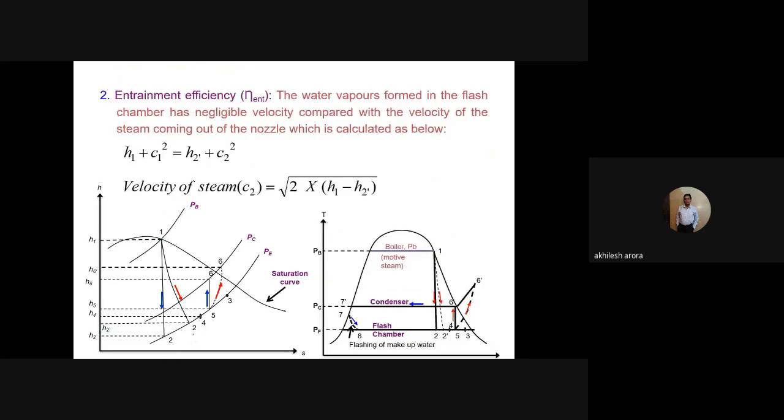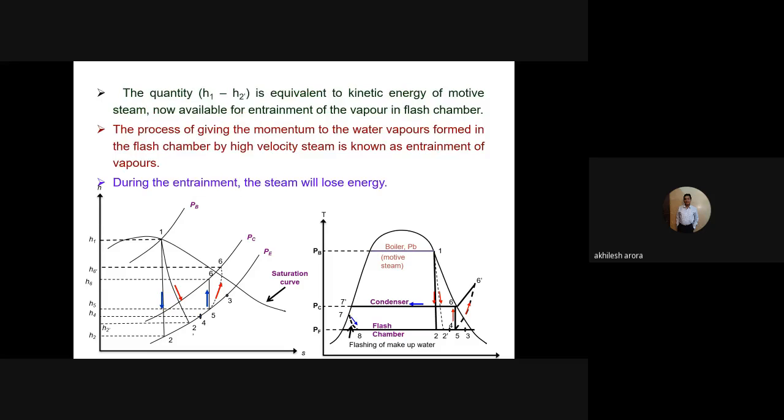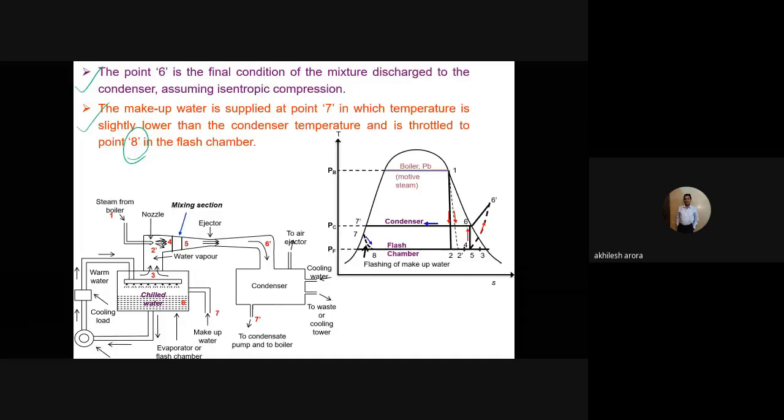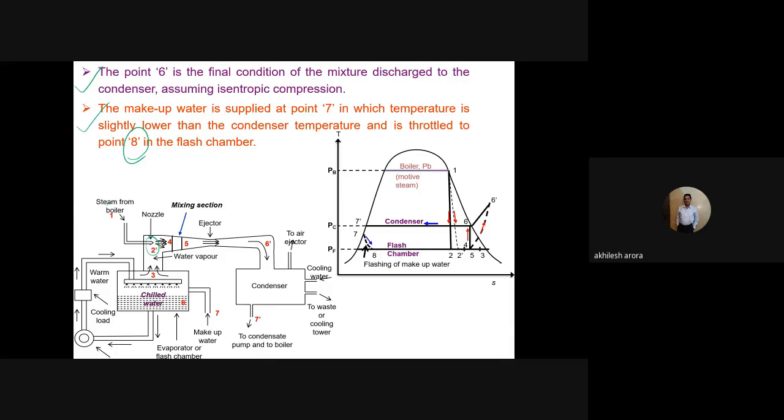The second efficiency is entrainment efficiency. The water vapors formed in the flash chamber have negligible velocity compared with the velocity of the steam coming out from the nozzle, which is calculated as given below. We are talking about this particular state point and this particular state point.